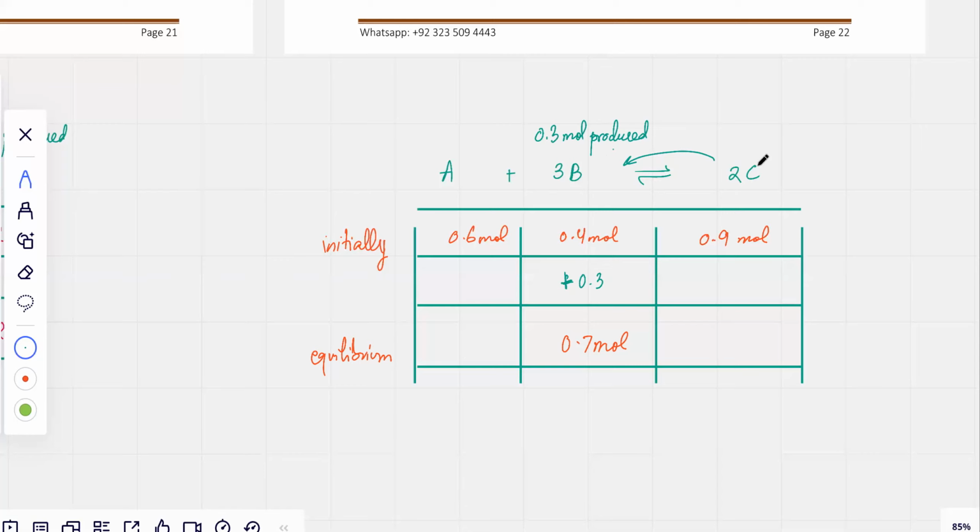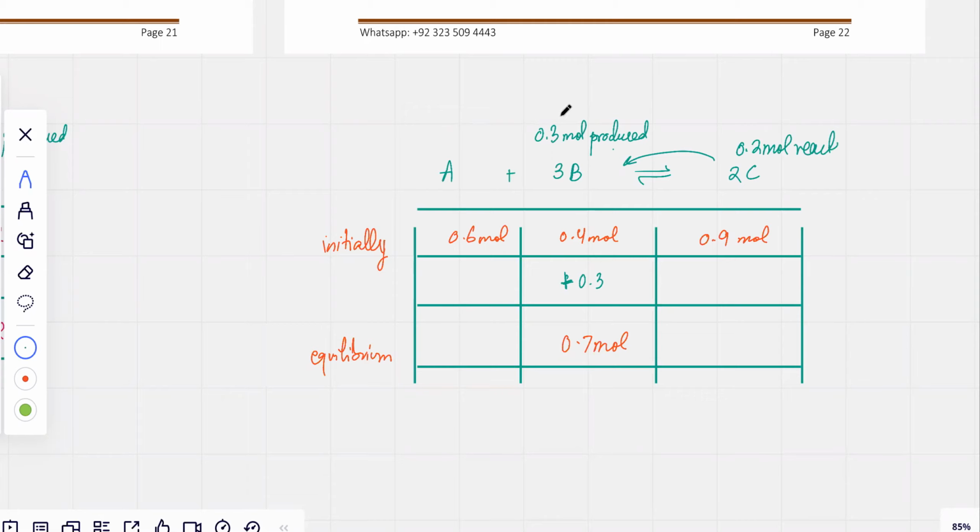How many moles of C must have reacted to produce this many moles of B? The ratio is 3:2. If you want to produce three, two of C must have reacted. So 0.3 getting produced means 0.2 moles, according to the ratio, must have reacted.